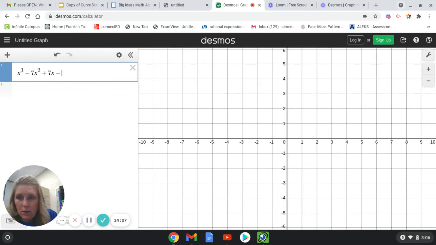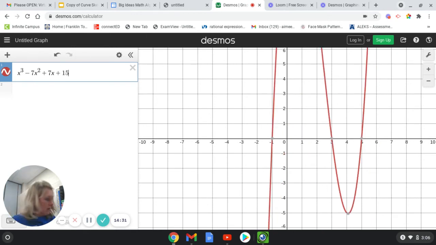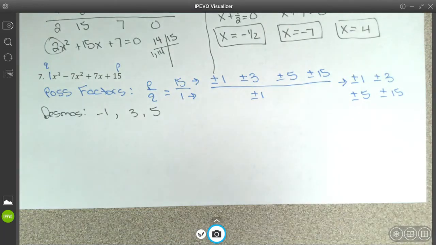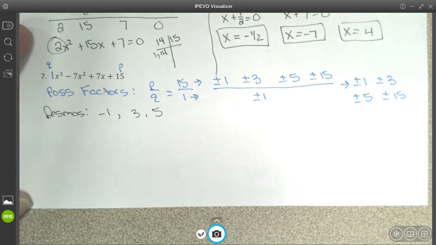All right, so when I plug it in Desmos, it looks to me like -1, 3, and 5 are going to be my good solutions. Now let's do synthetic division and prove it.